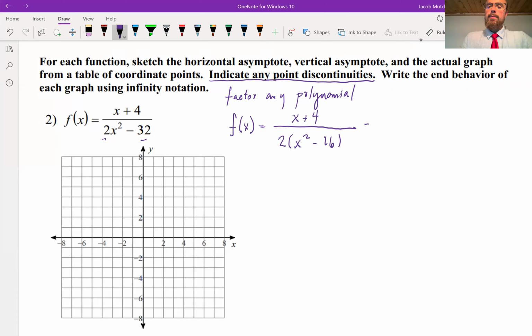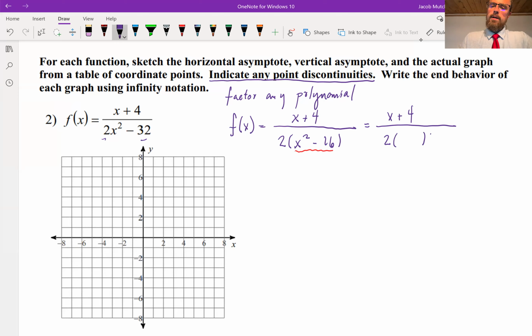What that reveals to me is I now have a difference of two squares, x squared minus 16. So I'm going to carry the factorization out one more step. The parts I didn't change are x plus 4 and the 2.